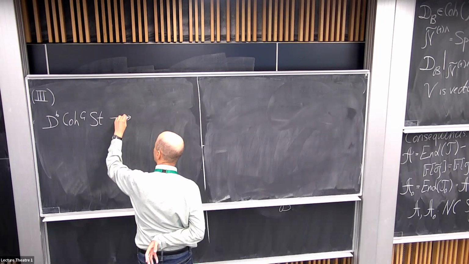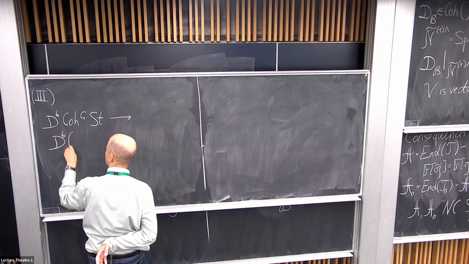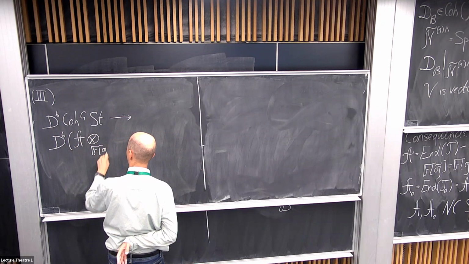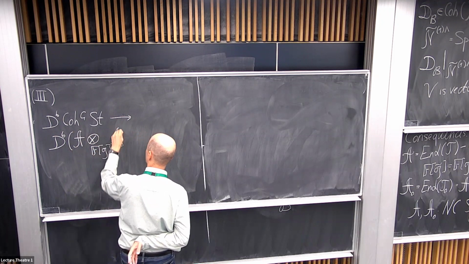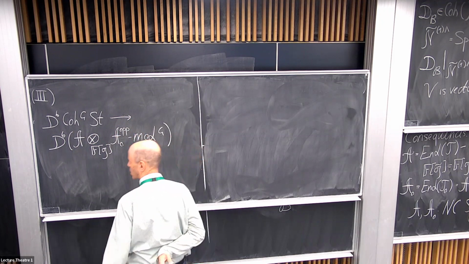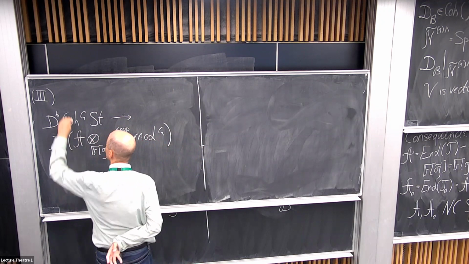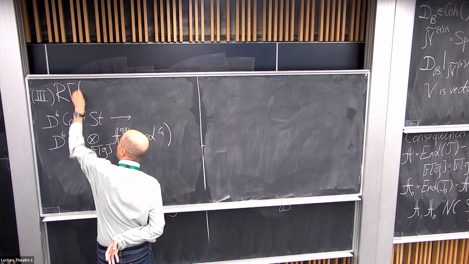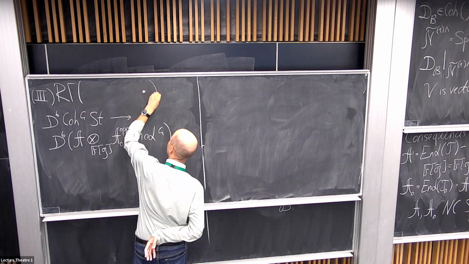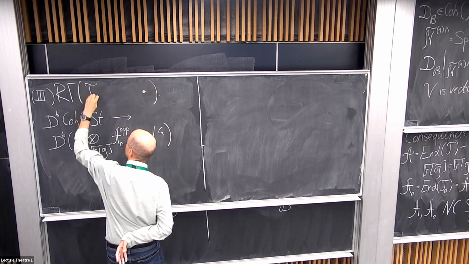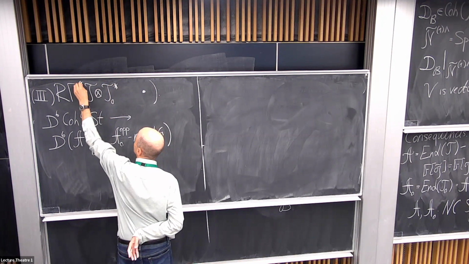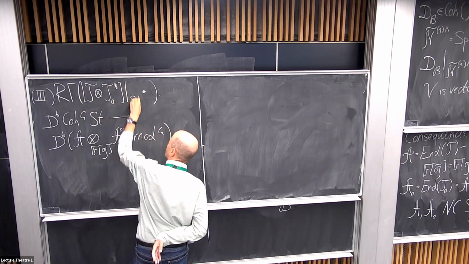To the following category, D^b of A tensor over functions on h, A0 opposite, mod G. It's going to be given like this. So it's still R gamma of some sheaf, tensor with T, tensor T0 dual, restricted to the Steinberg.